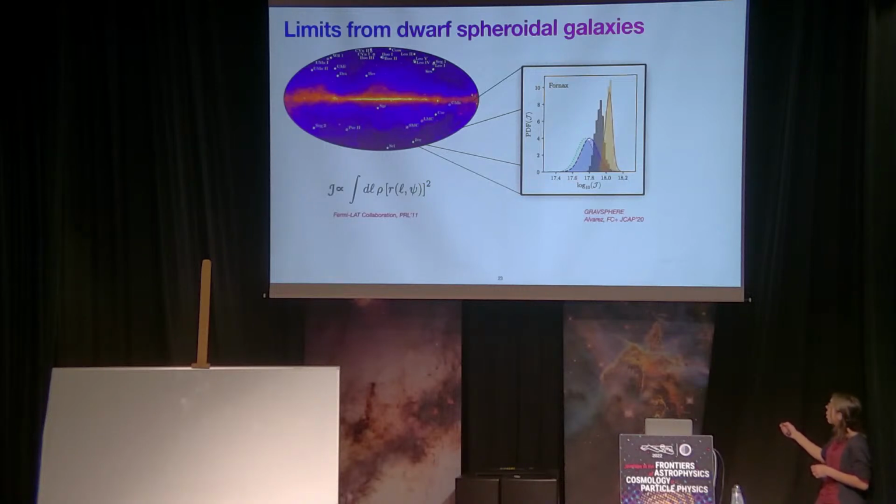And depending on the type of analysis that you perform, you also have some systematic uncertainty here. You can classify dwarfs into two categories. Classical dwarfs contain 1,000 of stars, and so it's much easier to do dynamical mass modeling, so you have a pretty good determination of the J factor with very little systematic uncertainties depending on the analysis that you perform.